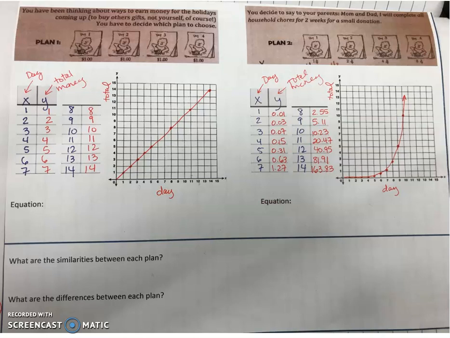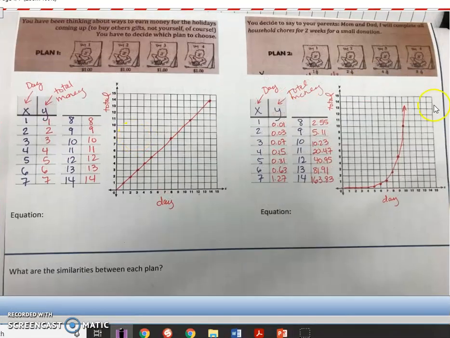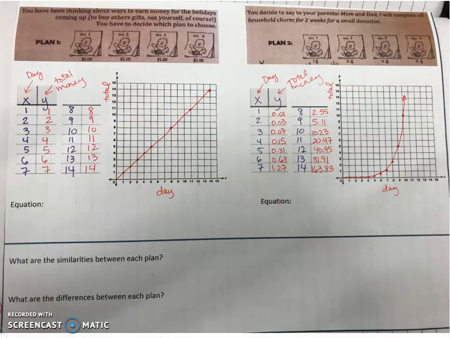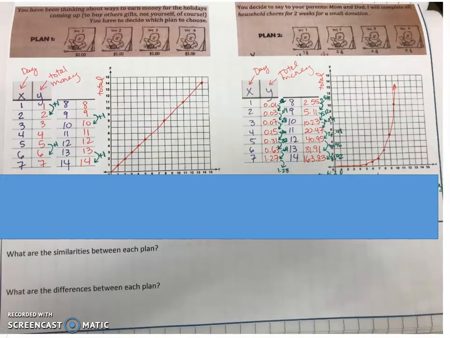Now, if we look at that in terms of what's happening for each day, so for example, in this first plan, it doesn't matter if you go between day 1 and day 2, or day 5 and day 6, or day 9 and day 10, or day 13 and 14.